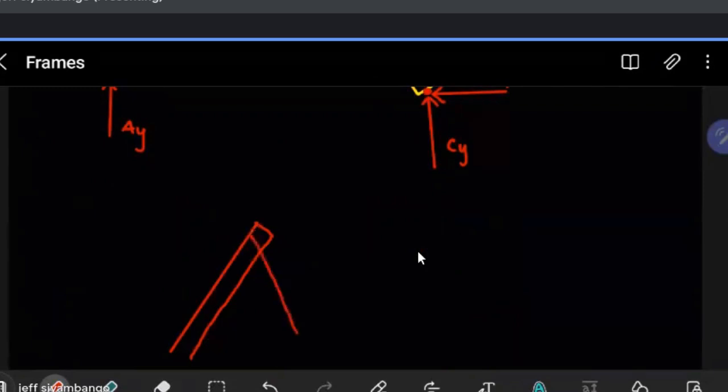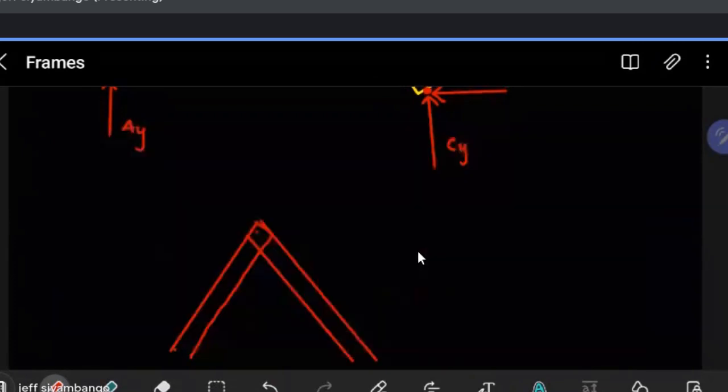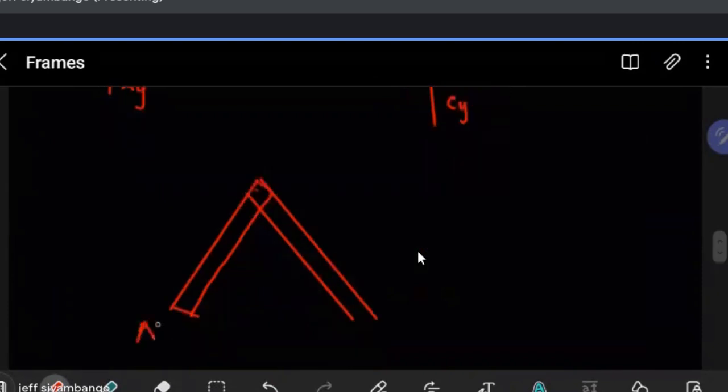Here, of course, the connection is such that it kind of forms a V shape. But suppose the force through the member, let's take this to be AB, and this to be BC. Suppose the force through the member BC is such that it's dragging the system in this direction.